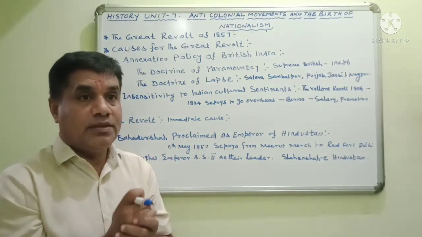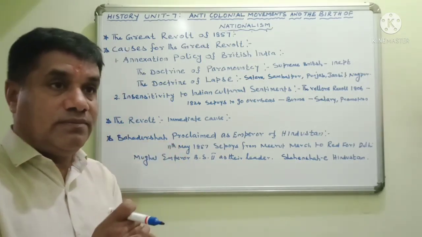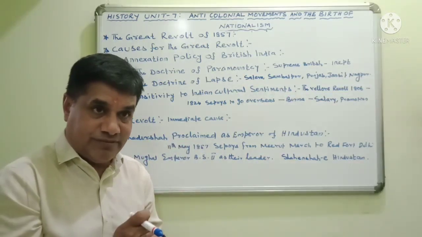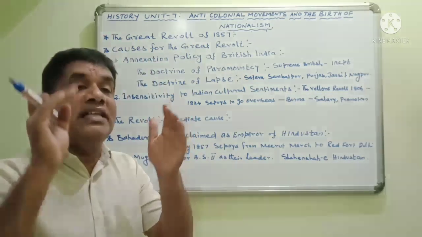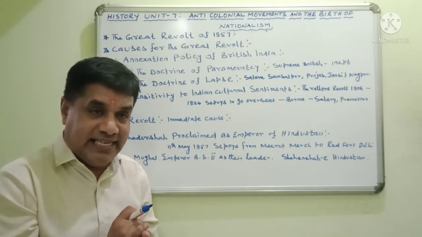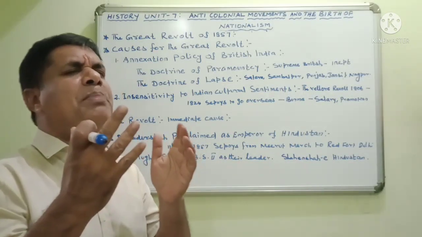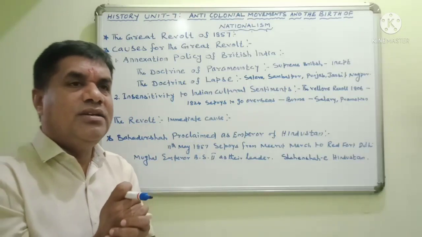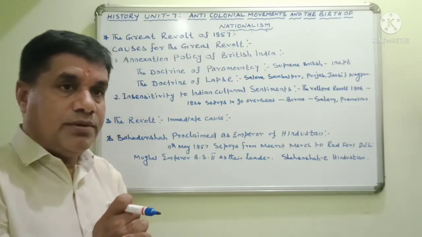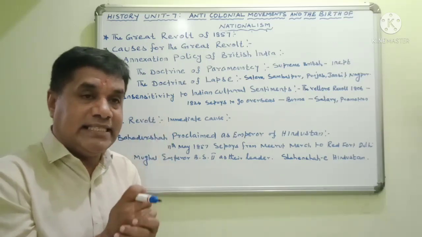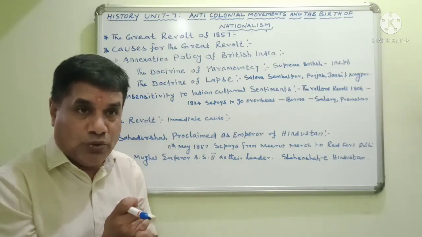After that, Mangal Pandey was hanged by the British. This news spread all over India. So in many places the revolt started, and many people participated in this great revolt.